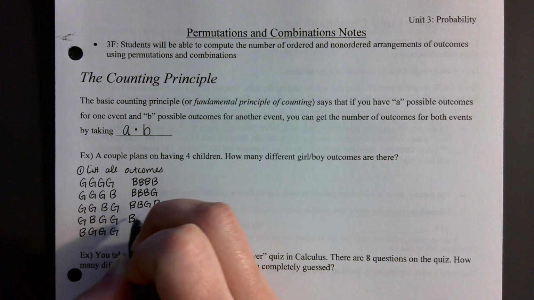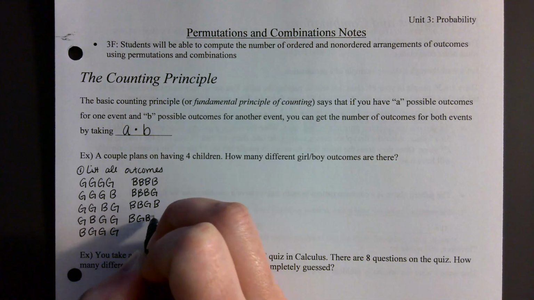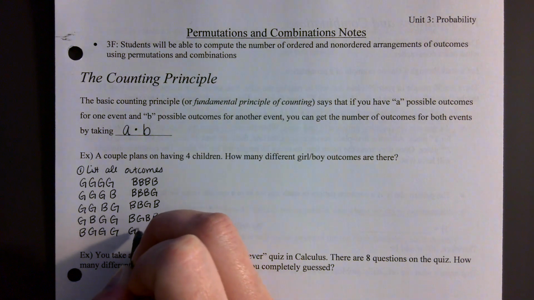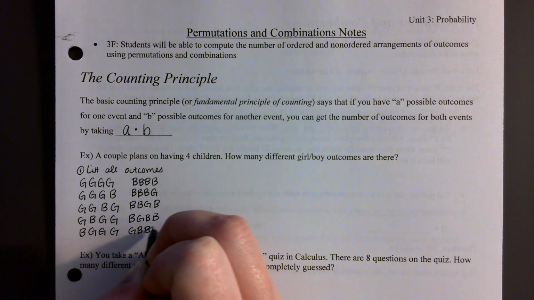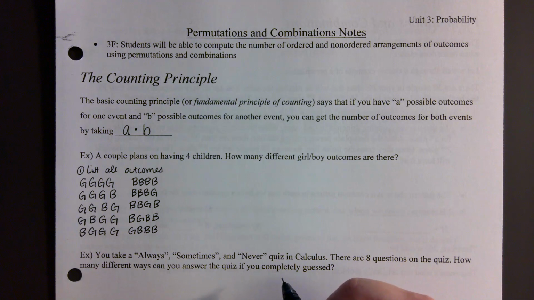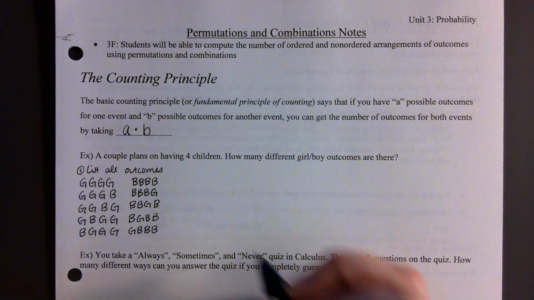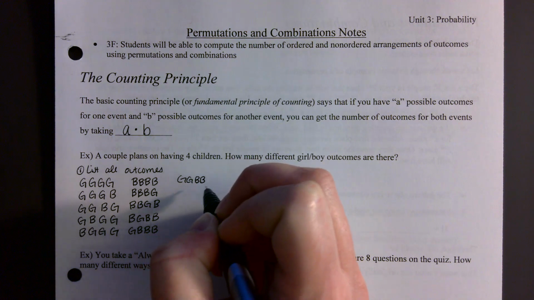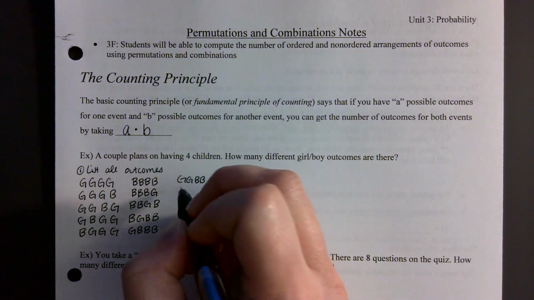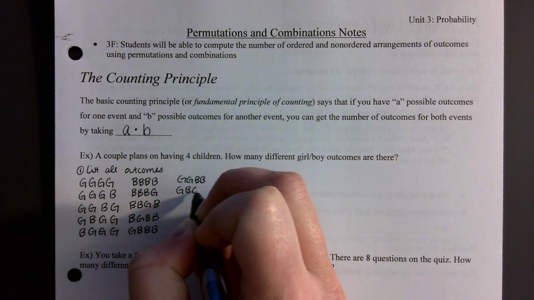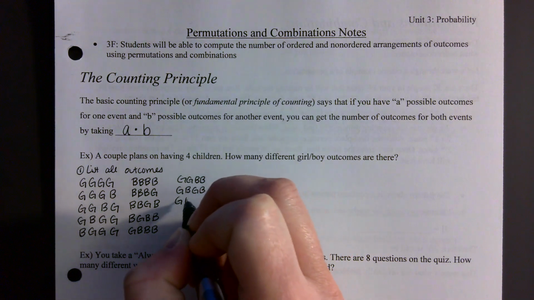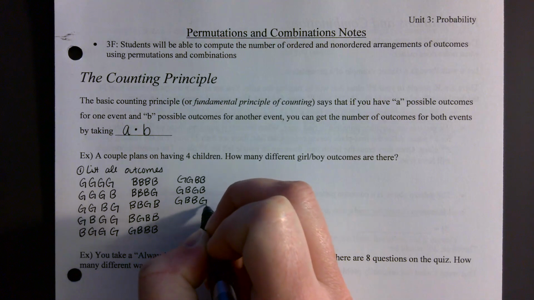You have a boy, a girl, and 2 boys. Or you have a girl first, and then 3 boys after. Let's say you have 2 girls and then 2 boys. You can have a girl, a boy. You can have a girl, 2 boys in the middle, and then another girl.